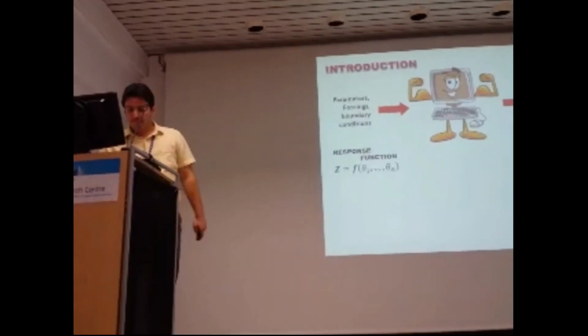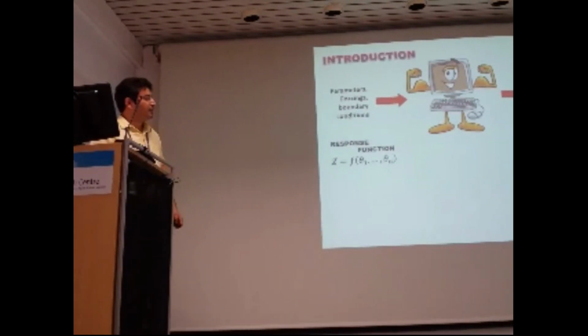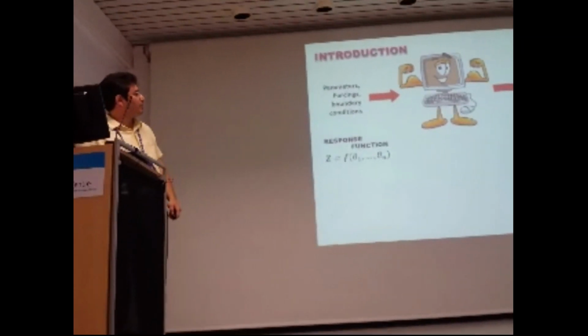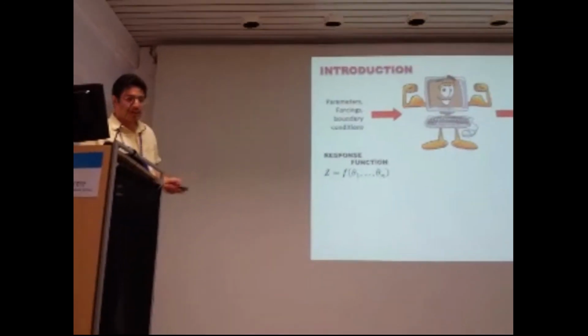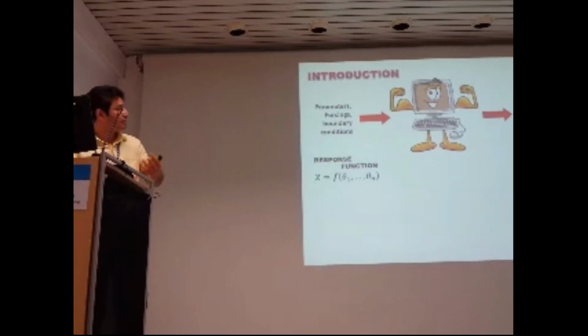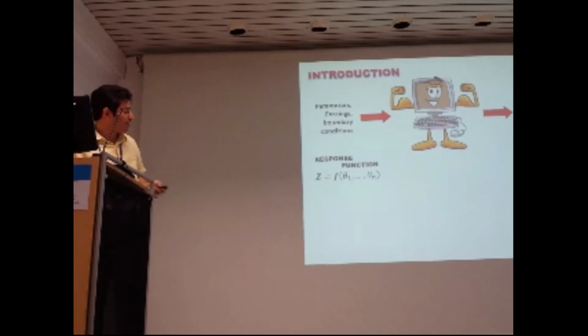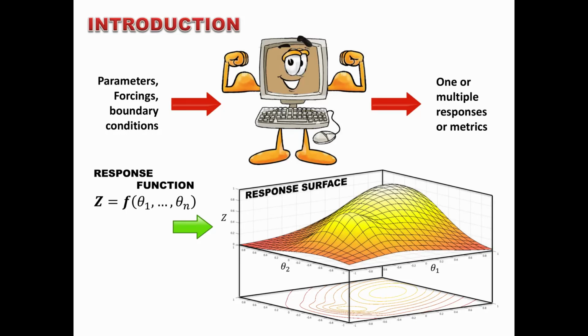And we can typically represent what's going on with the functioning of the model by some response function. So Z might be a scalar value or a vector, which is the response of the model as a function of thetas, theta 1 through theta n, different model parameters, let's say.